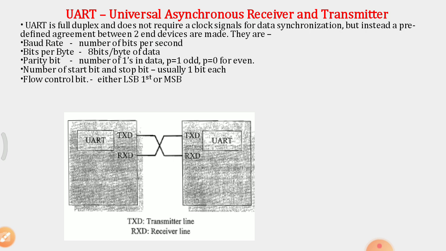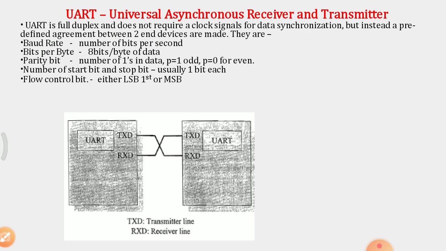The predefined agreement is based upon a baud rate. Baud rate is nothing but the number of bits per second, which both devices have agreed on. Then bits per byte: basically this UART uses 8 bits per byte of data.